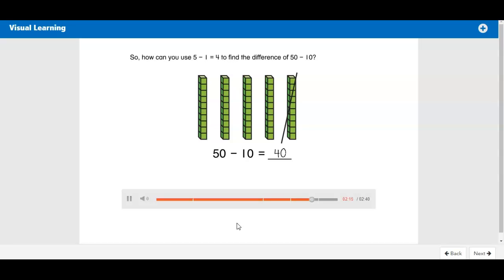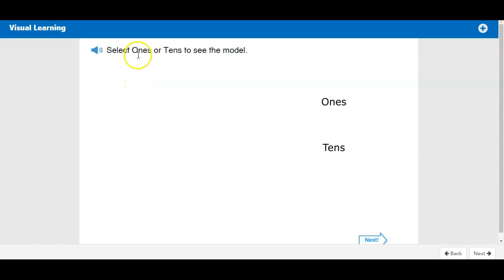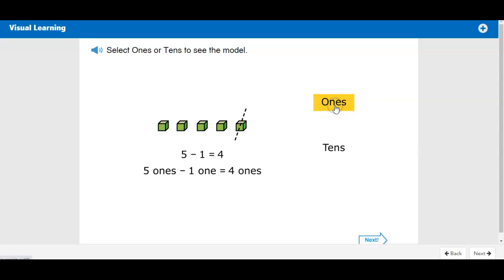So how can you use 5 minus 1 equals 4 to find the difference of 50 minus 10? Let's try it. Select ones or tens to see the model. Let's look at ones. 5 minus 1 equals 4. 5 ones minus 1 one equals 4 ones.